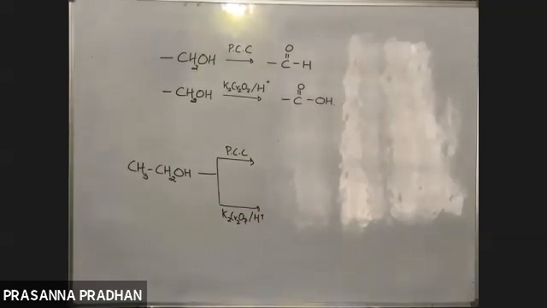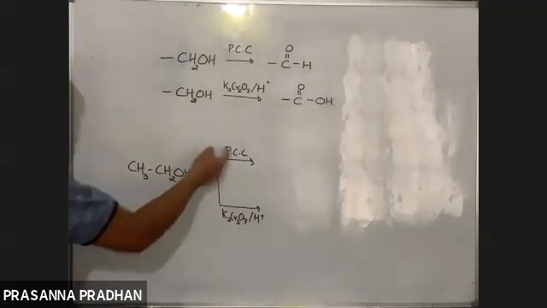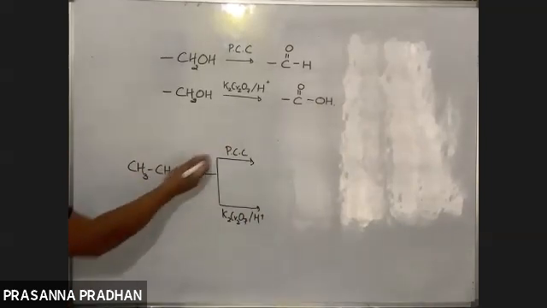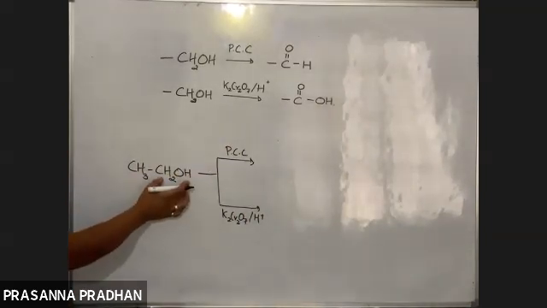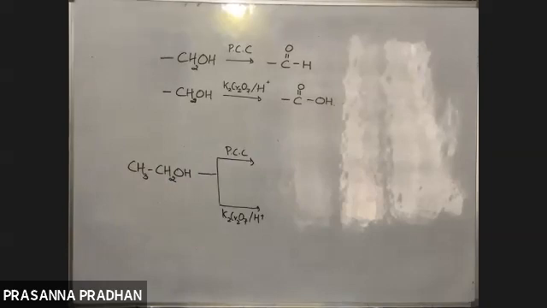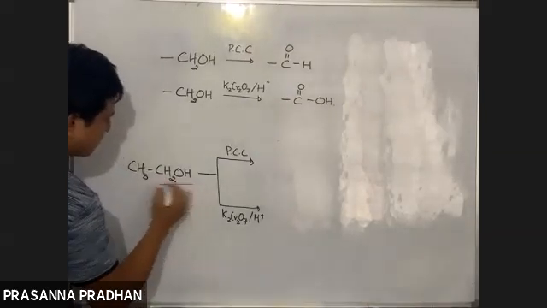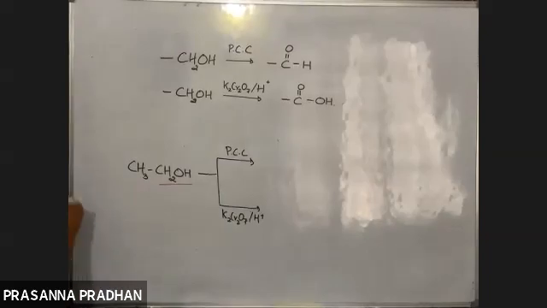What is the reagent? 1 degree alcohol to an aldehyde, mild oxidizing agent, PCC. If I treat this with PCC, the CH2OH group will get oxidized, what will be formed? If I use a mild oxidizing agent, this CH2OH group will get oxidized to which group? Aldehyde, CHO.